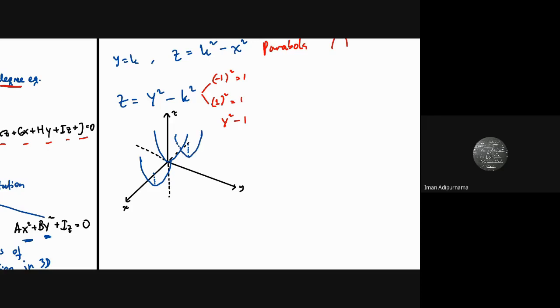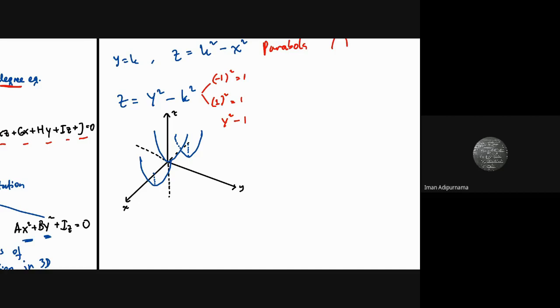So this is the origin, and you will have the tracing like that. So you will see a line connecting here, which is the extreme point of the parabolic curve.